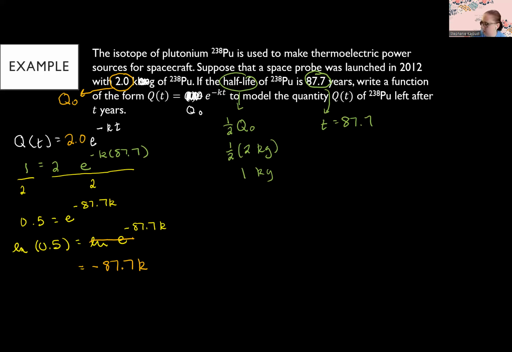And then on the left, we need to actually figure out the natural log of 0.5. So you do that on the calculator, I get negative 0.693147181. I'm getting all of these decimal places, so I'll just write them all out so we can round properly.